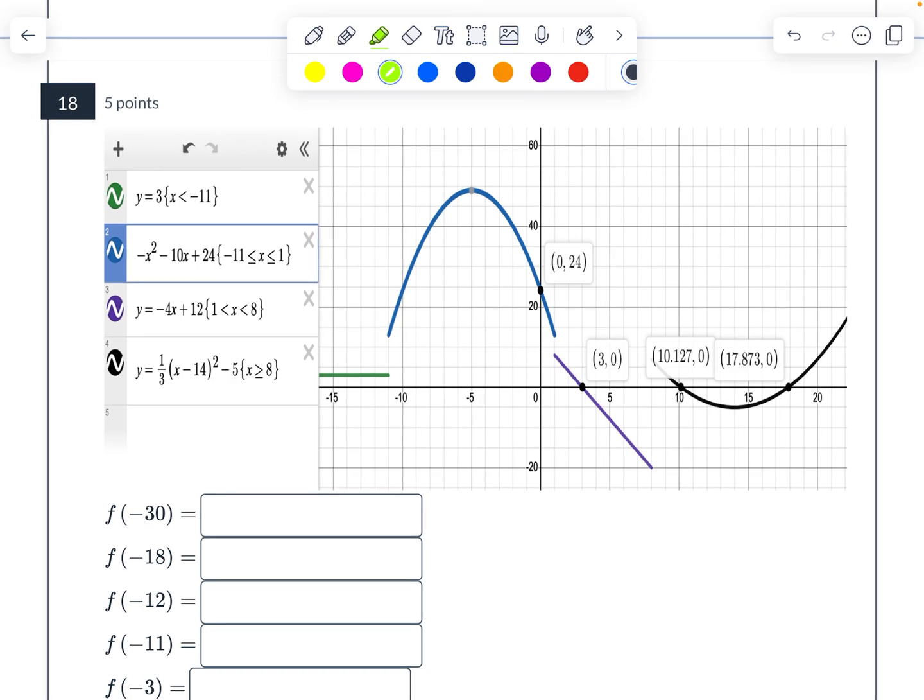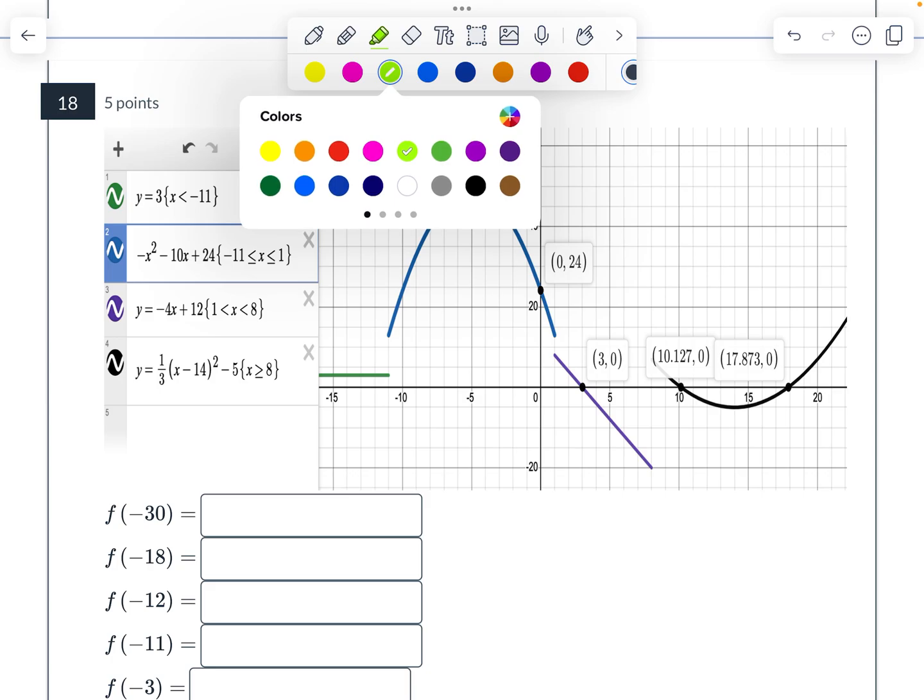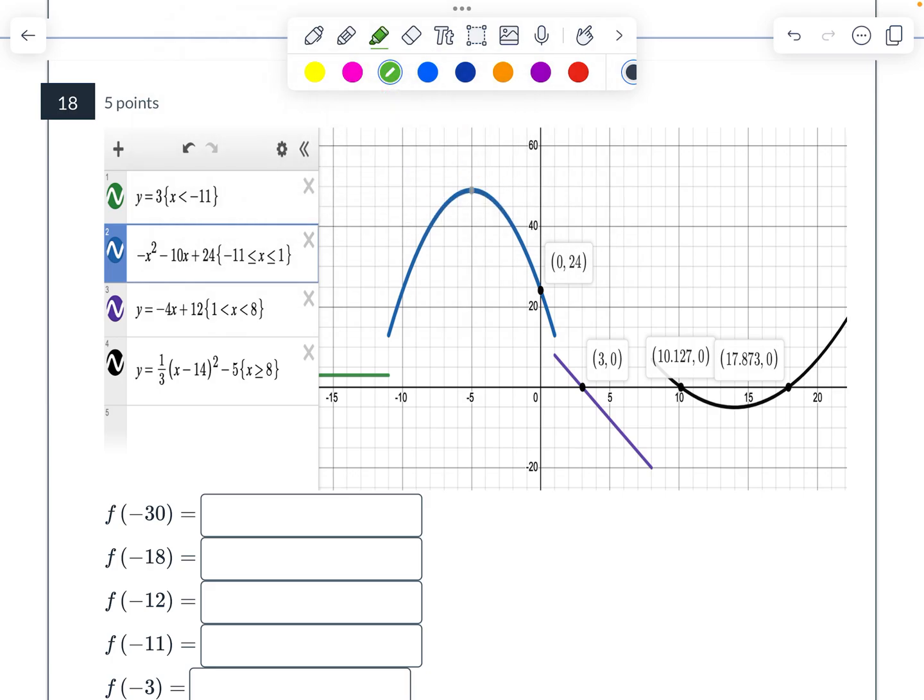this information right here says for all the x's that are smaller than 11, we're going to use this function. So for these 3 questions right here, we are using this line, and the answer is 3.